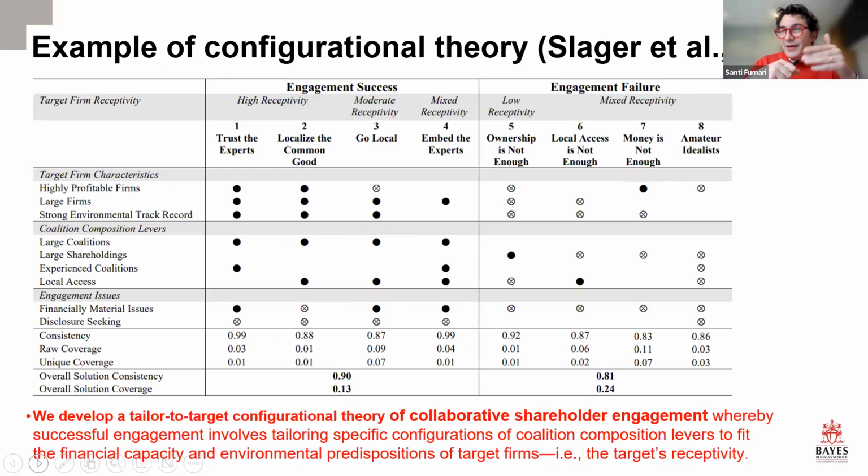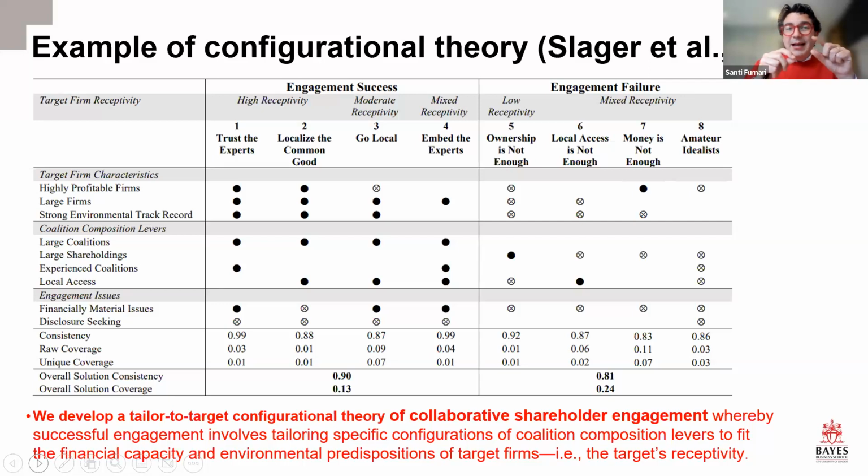It is fsQCA, fuzzy set qualitative comparative analysis, case studies and interviews, and also quantitative methods. What you see represented here is the classical table that visualizes the configurations as per qualitative comparative analysis, QCA.